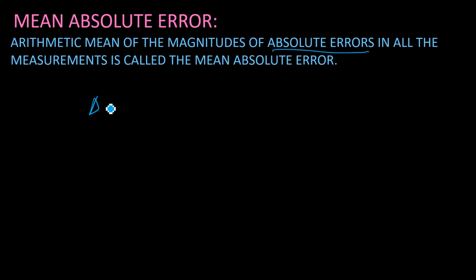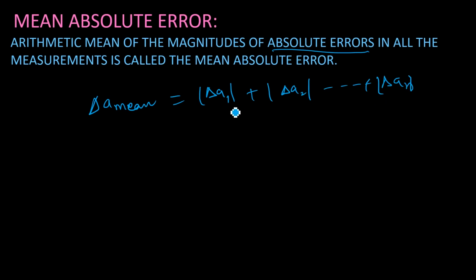So we can take delta a mean. Previously, a mean means a1 plus a2 plus and so on by n. So delta a mean means delta a1 plus delta a2, and so on, delta an, by n.